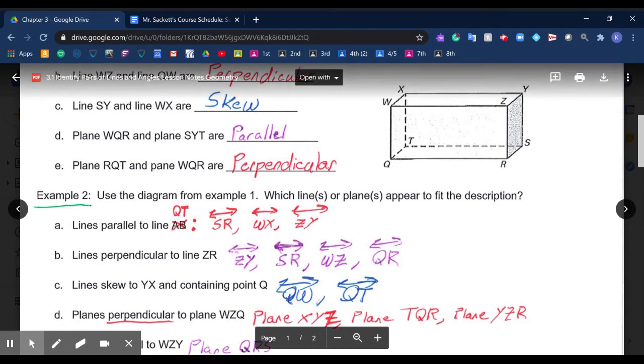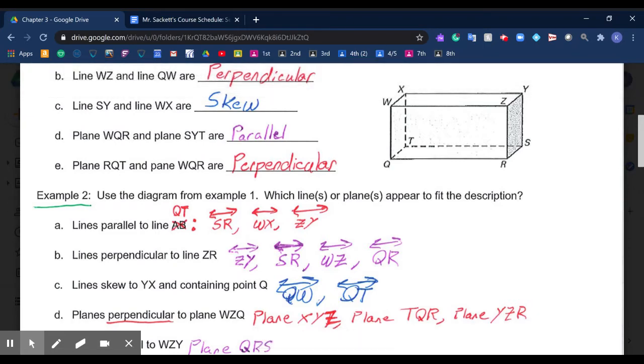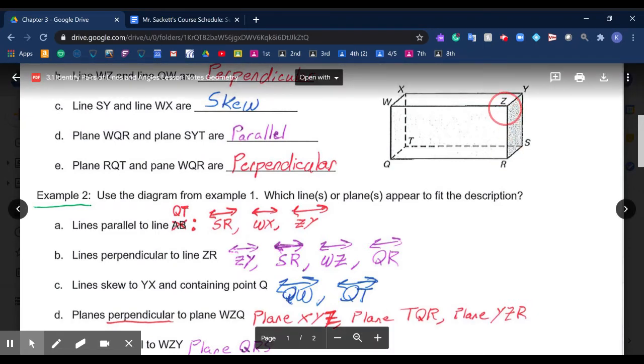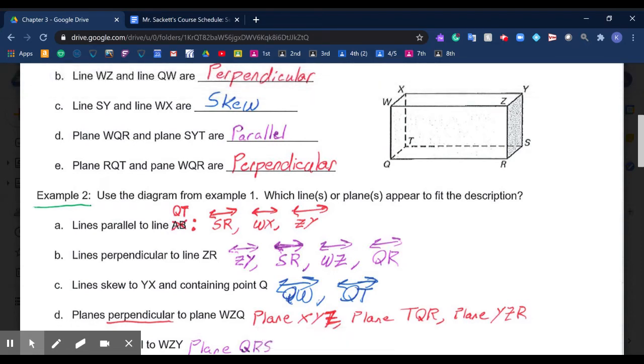Then part B, lines perpendicular to ZR. ZR being this one here on the front, we want anything that meets it at 90 degrees. So we would have ZY, SR, WZ, and QR.